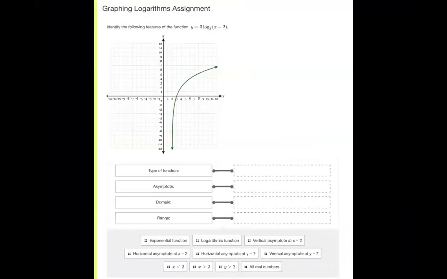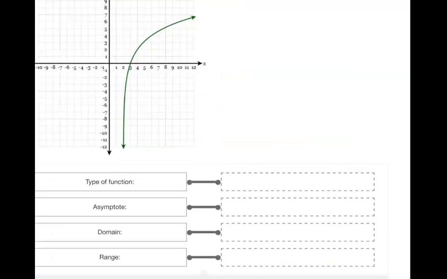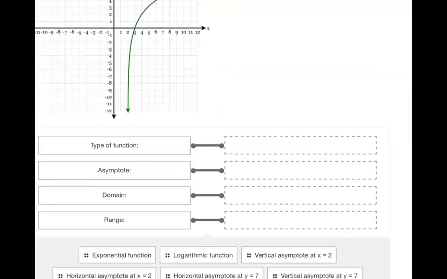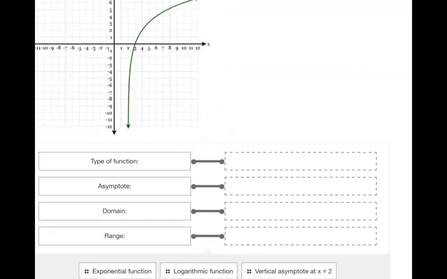And then here, logarithmic, obviously, since that's what it gives you in the equation up there. So it's log, asymptote x equals 2, domain x is greater than 2, range all real numbers.